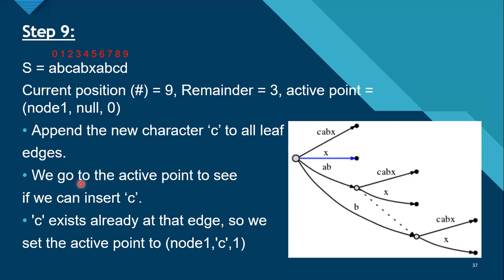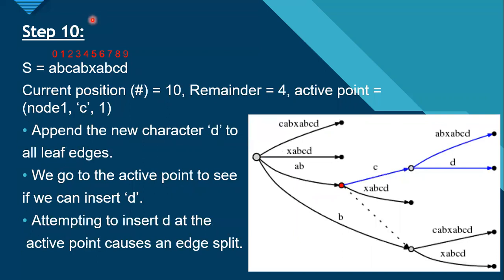And next we go to the active point to see if we can insert C. So we go to node 1, and we find that we have an outgoing edge that starts with character C. So we do nothing about the tree, and we just update the active point to be node 1, C1. And we move to the next step, step 10.